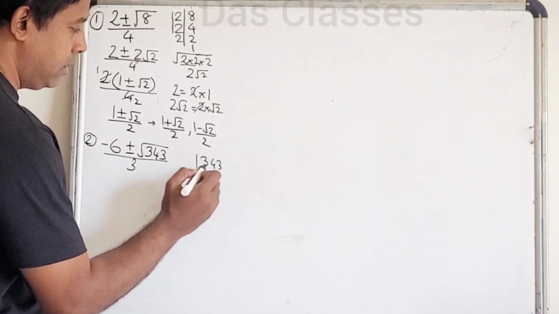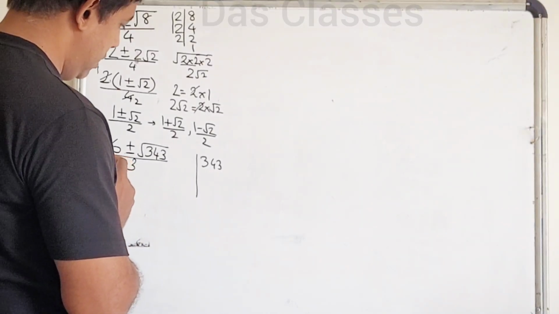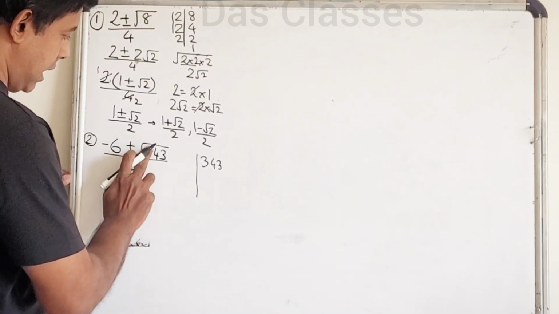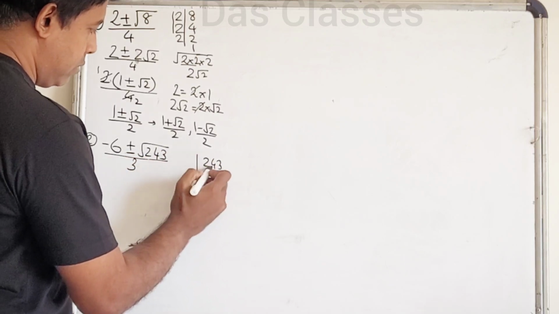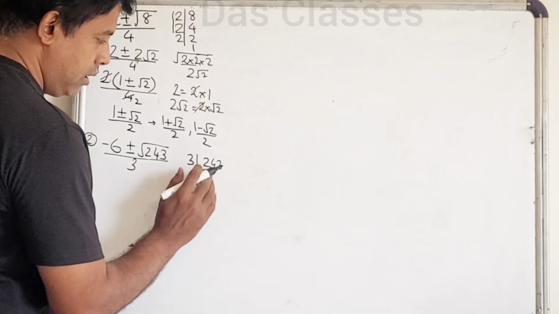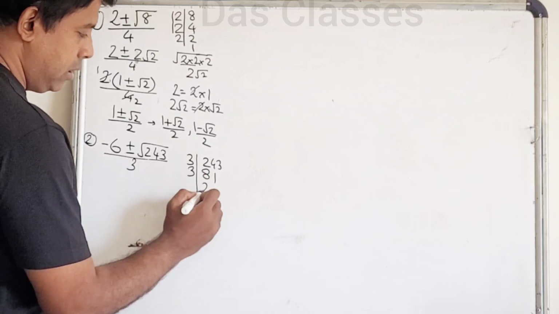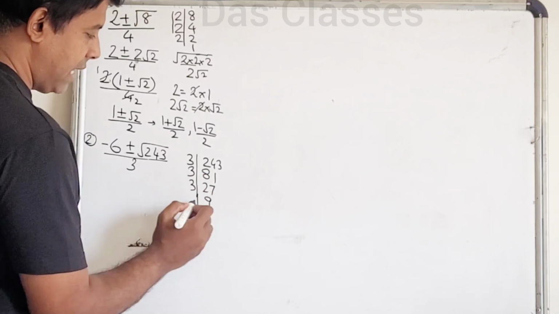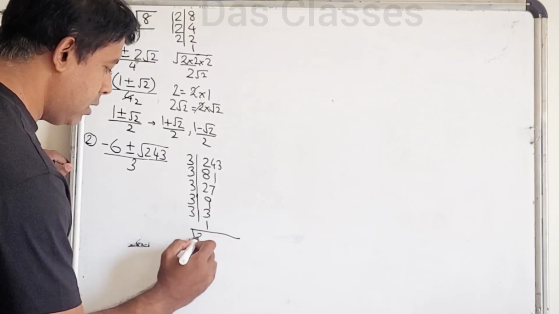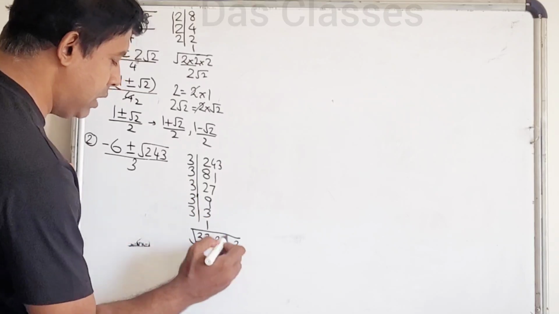So 343... no, let's take it, say 243. 243 is in 3's table: 3 eights are 24, 3 ones are 3, 3 twenty-sevens are 81, 3 nines are 27, 3 threes are 9, 3 ones are 3. So the factors we got are 3 × 3 × 3 × 3 × 3.